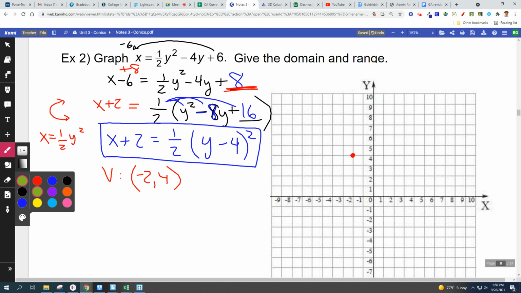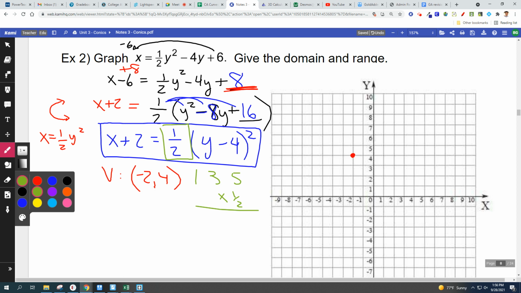So again, if you don't understand why the 1-3-5 pattern works, then don't use it. But I'm going to use the 1-3-5 pattern because I know how it works and I know it's really quick. The thing you have to remember is even though I say it's a 1-3-5 pattern, technically it's not going to be a 1-3-5 pattern this time, because that 1/2 is a multiplier.